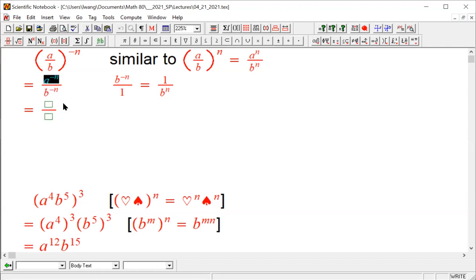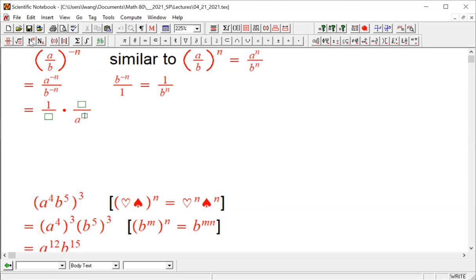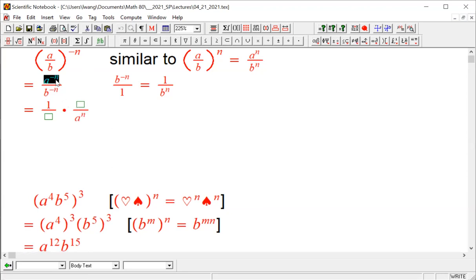So a to the power negative n will turn into a to the power n. It was up here, now it's down here. And b to the power negative n, it was in the bottom, and now you move it up to the positive exponent, removing the negative sign in the exponent.